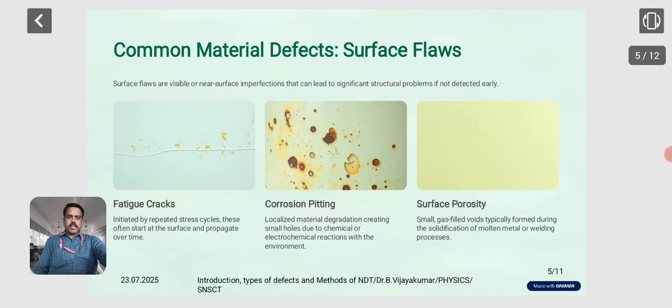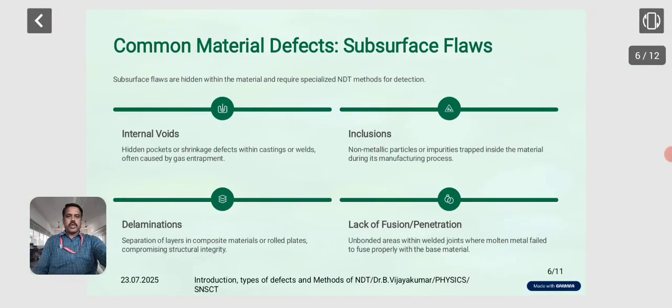It is localized material degradation that creates small holes due to chemicals. The third one is surface porosity, small gas-filled voids typically formed during solidification of molded metal or welding.